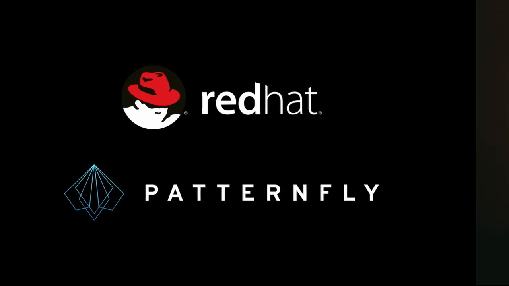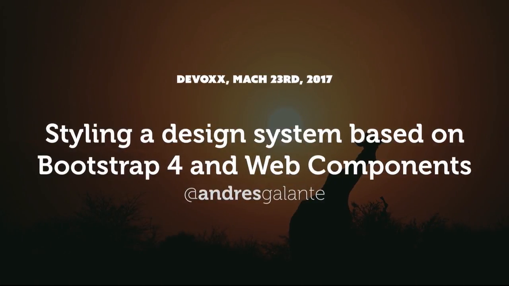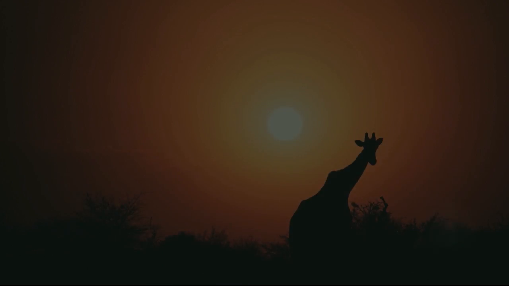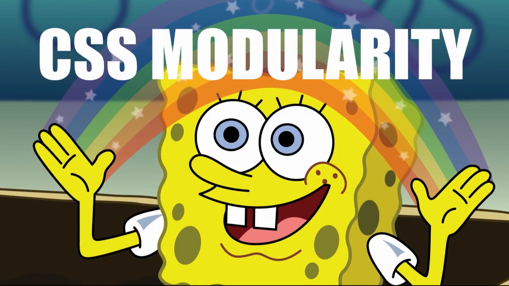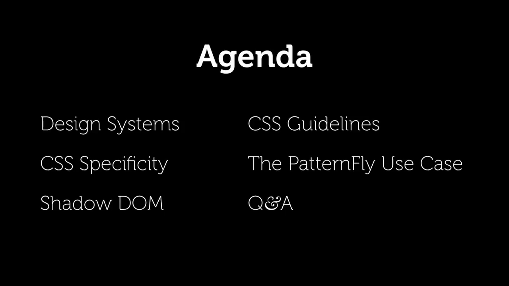And during the next 40 minutes, I'm going to talk about styling a design system based on Bootstrap 4 and web components, which, in other words, just means I'm going to talk about CSS modularity. First, I'm going to give you a brief introduction of what design systems are and the importance of modularity and consistency. Then I'm going to talk about CSS specificity and the problems that it can bring to a large code base.